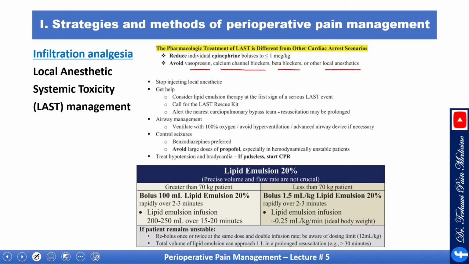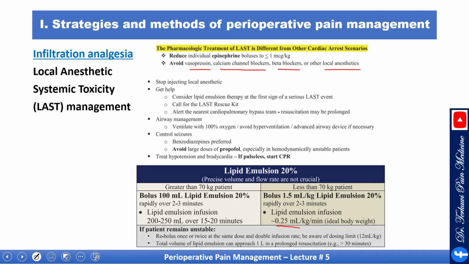it's important to rapidly administer the lipid emulsion 20%, which must be available anywhere you are doing regional anesthesia and analgesia. So the starting dose, or the bolus dose, is 1.5 ml per kilogram over 2 to 3 minutes, followed by an infusion dose of 0.25 ml per kilogram per minute, ideal body weight.